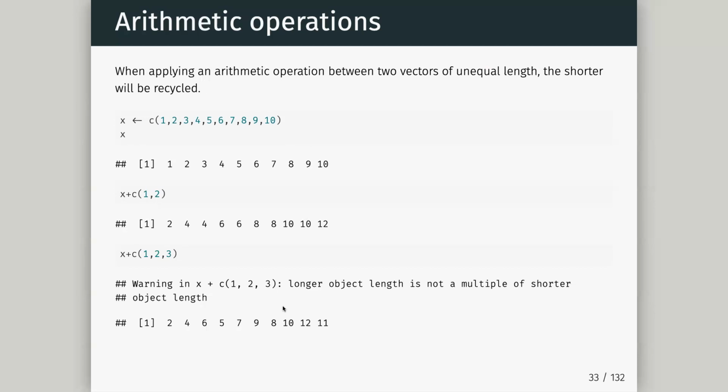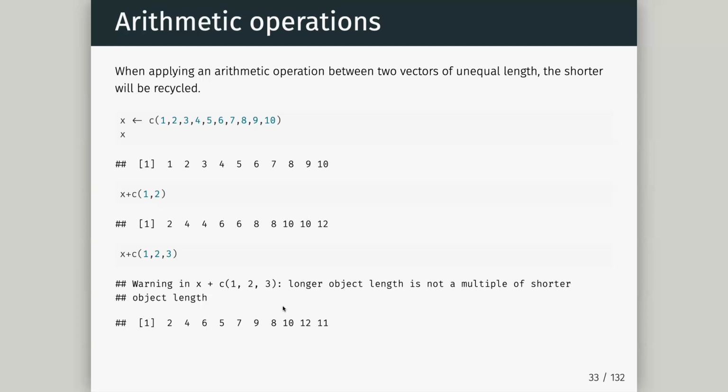So it's going to do 1 plus 1 is 2, 2 plus 2 is 4, 3 plus 1, 4 plus 2, 5 plus 1, 6 plus 2. So it adds this iteratively. That works well when the shorter vector can be recycled evenly into the longer one. This is only 2, this is 10, so I'm going to get 5 times.